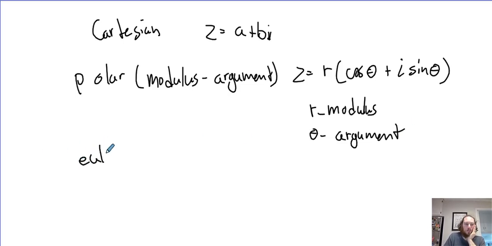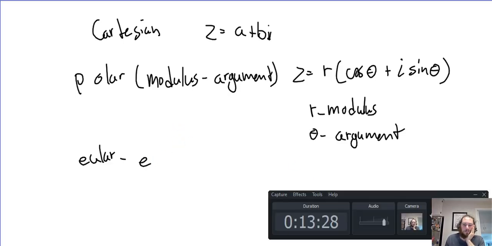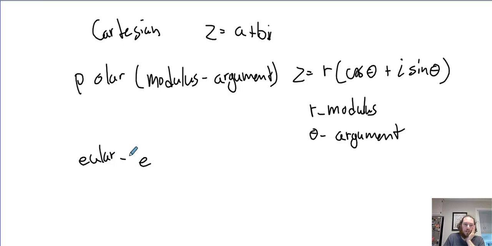Or we have what's called Euler's form, Euler being that special e character, which is z equals r times e to the i theta. Again, r would be the modulus, and theta would be the argument in this case.